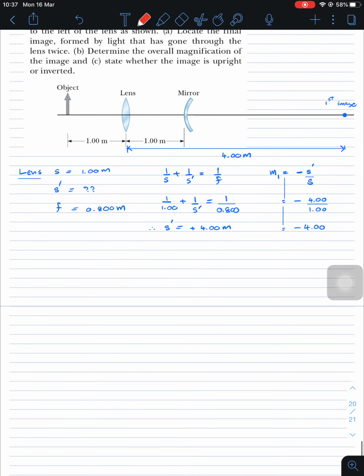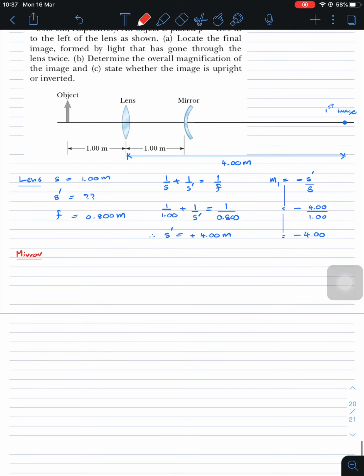Now let's consider the mirror. You can see that the image is going to be at a distance of 3.00 meters from the mirror, because the lens to mirror distance is 1 meter and the total is 4, so the left is 3 meters.